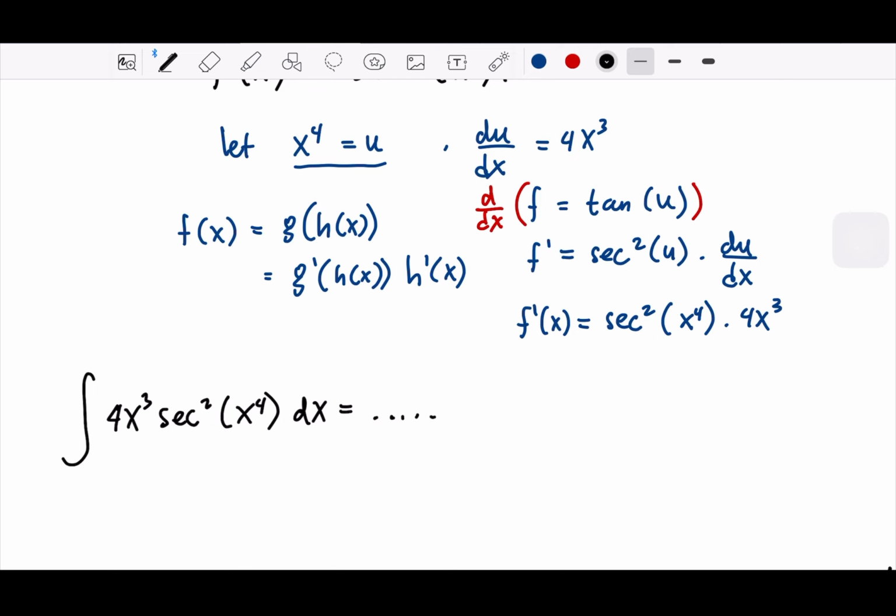If you look at what we have done in the derivatives, the best way to go back to the original equation is taking the x to the power of 4. So the same thing here, we are taking this x to the power of 4 as our substitution.